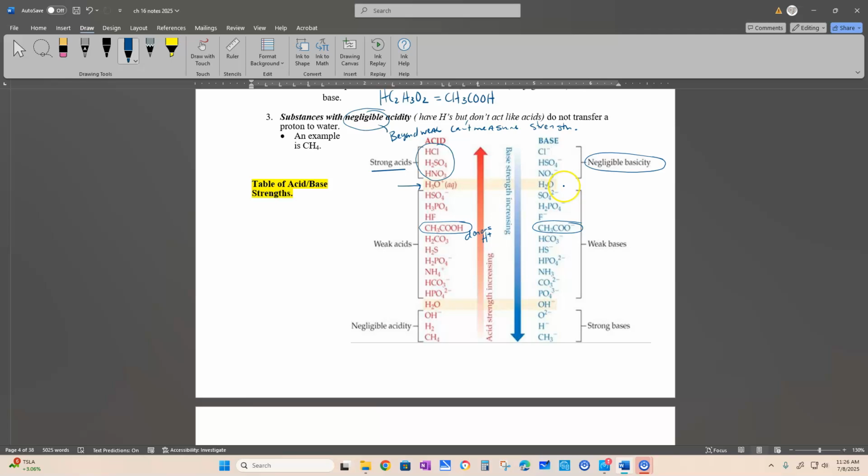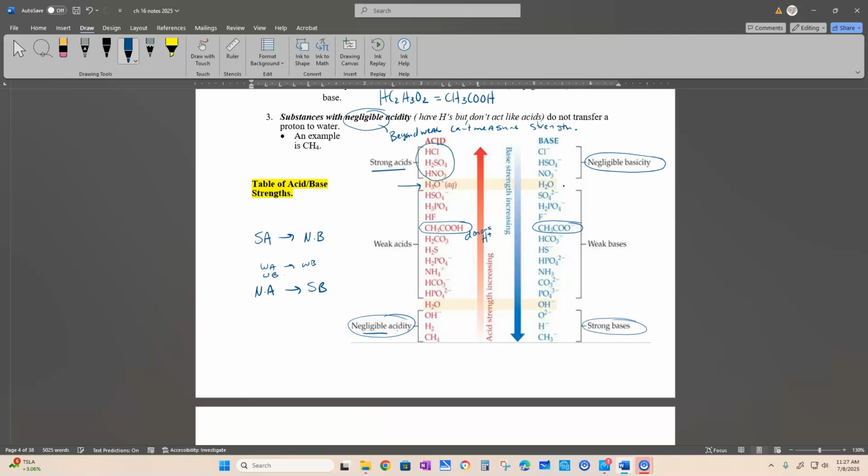On the flip side, what if you go to negligible acids? They are so beyond weak that they'll turn into strong bases, okay? So always think of it as strong acid will turn into a negligible base, and a negligible acid will turn into a strong base, okay? Seems like pretty simple. A weak acid, weak base.